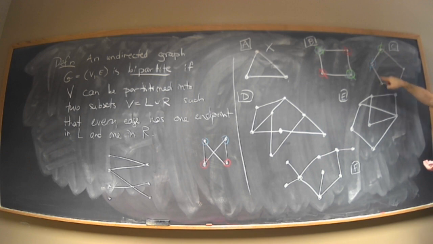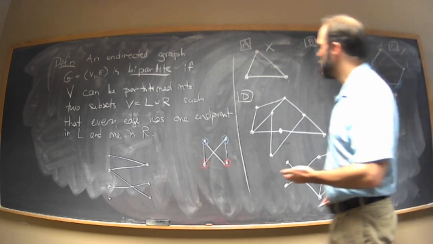I have to make this one a different color than this one, so I have to make it this color. But then I have to make this one a different color than that. And I have to make this one a different color than this. But now this one I'm stuck, right? It's the same problem we had over here. There's no color I can make it that would work, right? So that's not bipartite. This is okay.